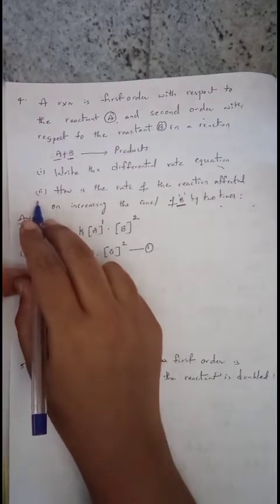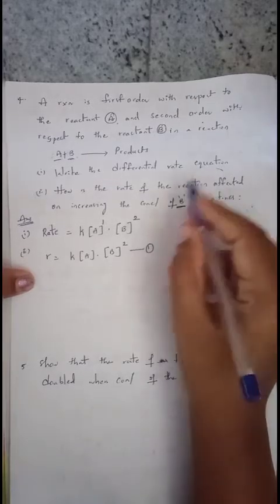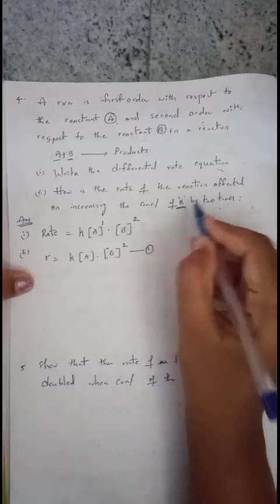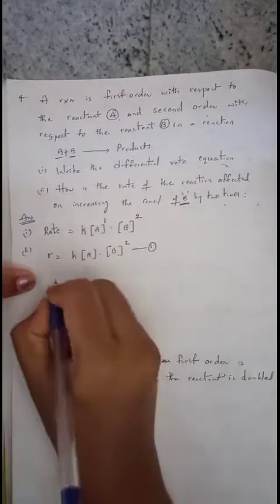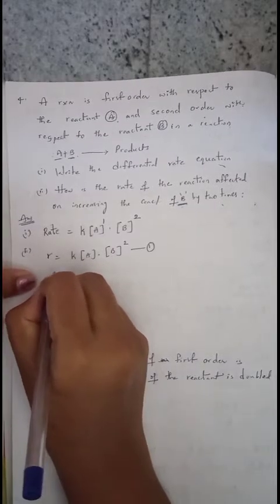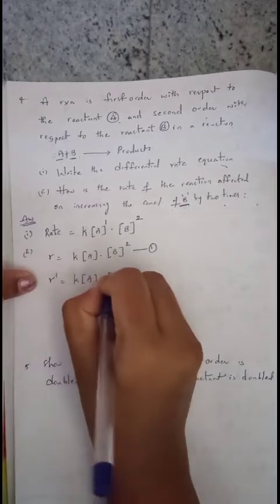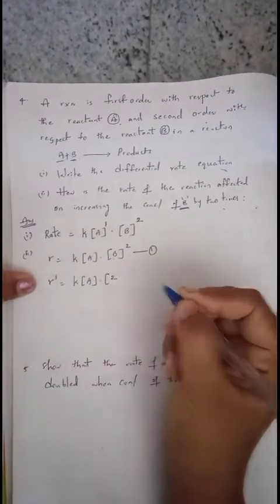In the second question, you want to find the affected rate of reaction by increasing the concentration of B by 2 times. So the rate of reaction will change. R dash equals K times A times the concentration of B increased by 2 times. So take 2 here.